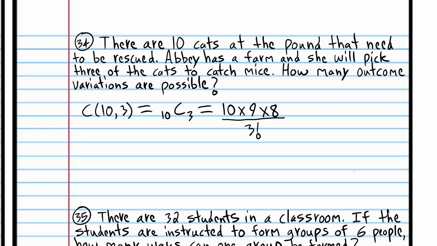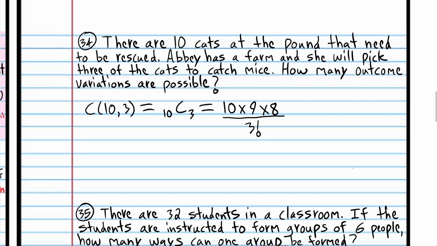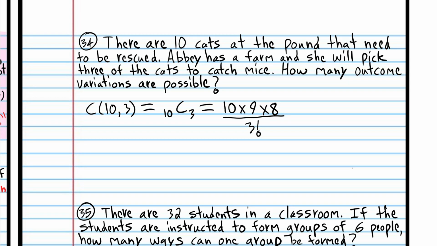You can order them in 6 different ways. Remember, we learned that if you want to line up 3 people, there's 3 factorial ways that you can line up those people. So that was one of the types of problems that we did. So you're counting way too many things because you don't want permutations.